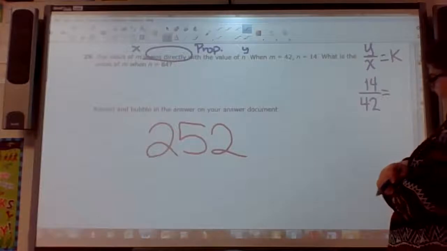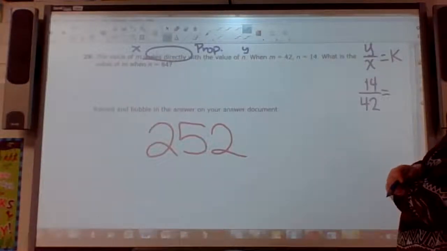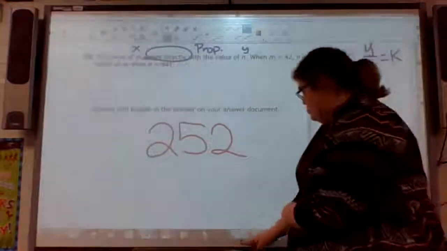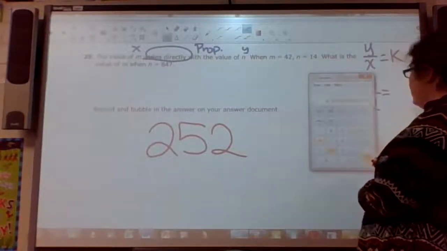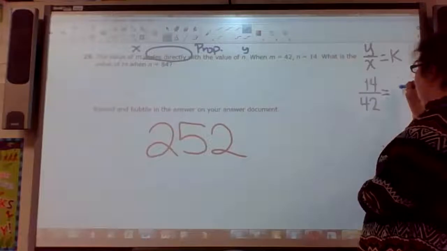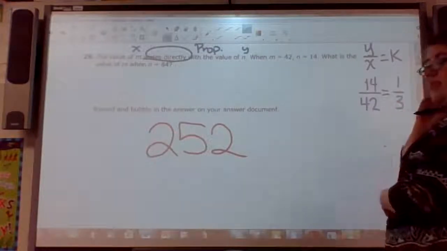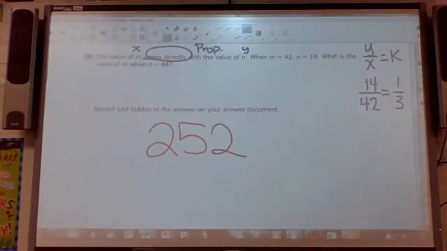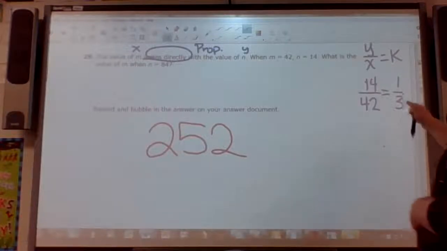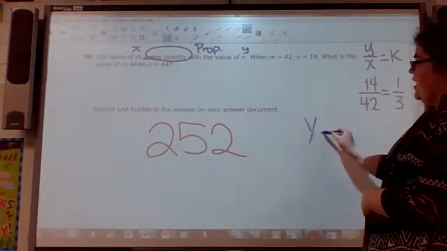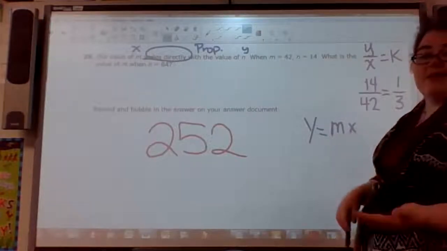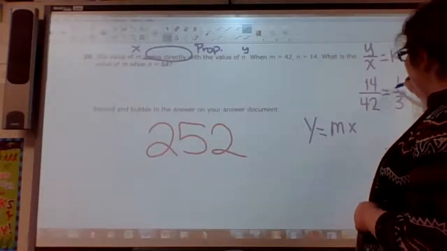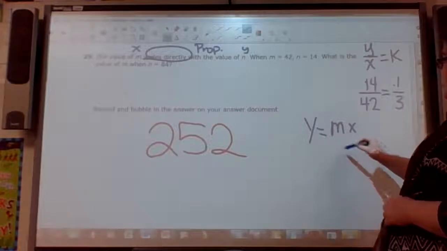And 14 divided by 42 is 1/3. I'm going to simplify it. Now, it's asking for me to plug it back in. y equals kx is on your star chart. I'm going to take this and I'm going to plug it in.